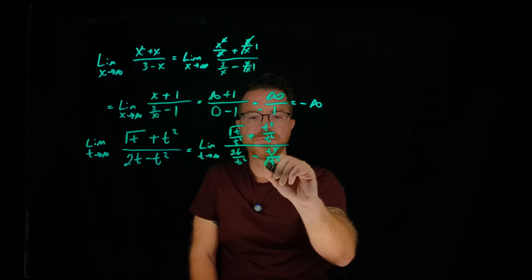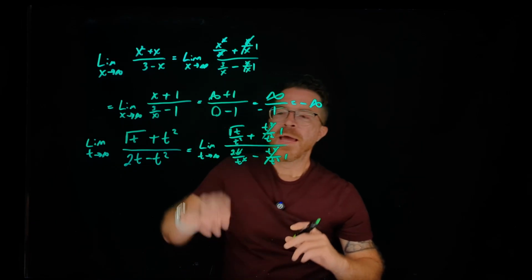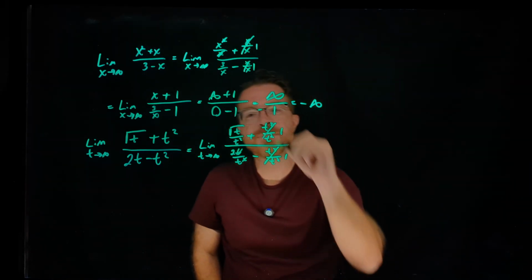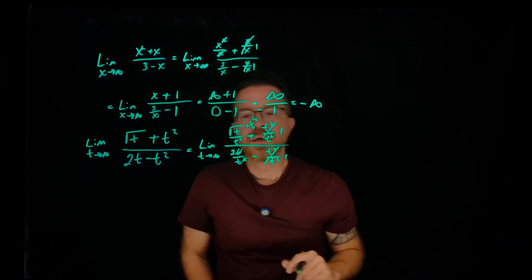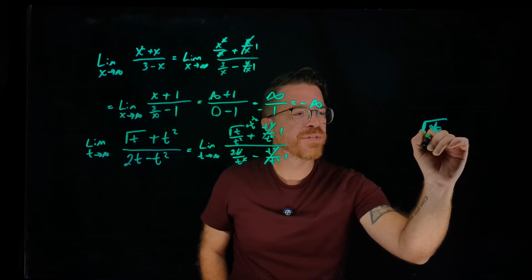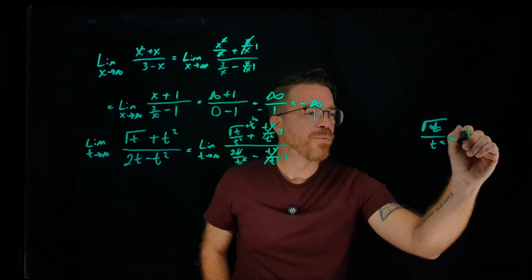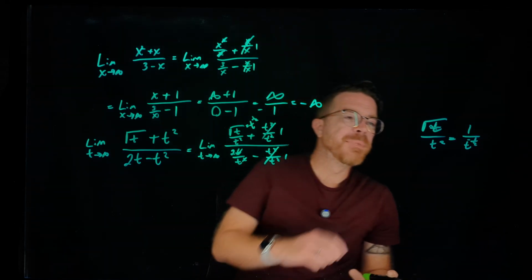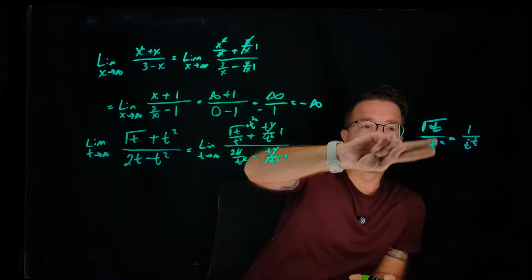So the t squares cancel. This leaves me 1. This one just leaves me 1. This t cancels with one of the t's here. Now this one, this is where you need to think about your powers, because the square root is the same thing as saying t to the 1/2. So what I can do is take this square root of t over t squared, and I can rewrite this as 1 over t to the negative 1/2, because t to the 1/2 is saying take the square root, and the negative power is putting it into the denominator.